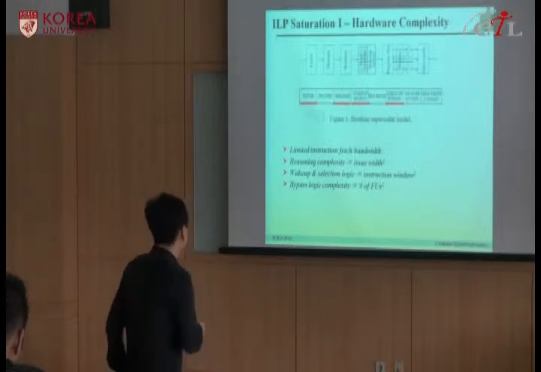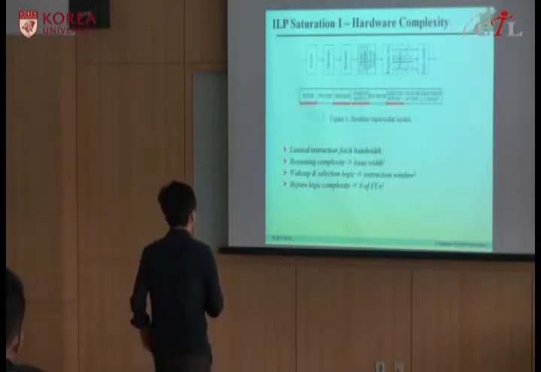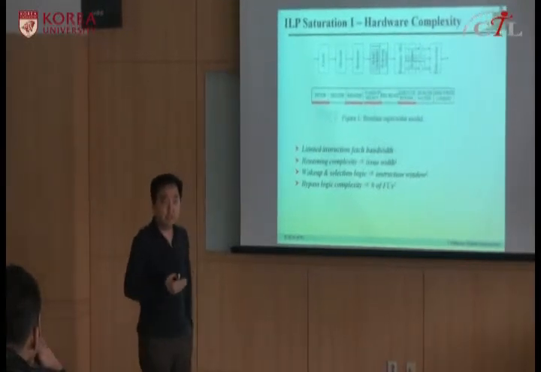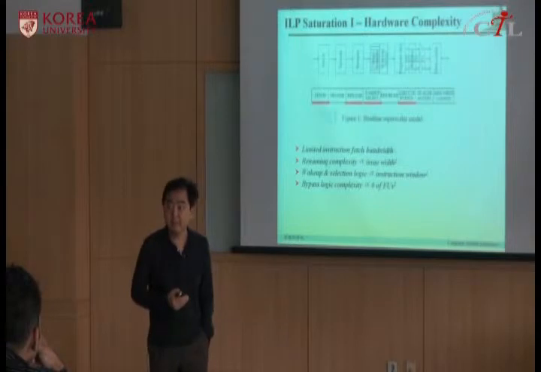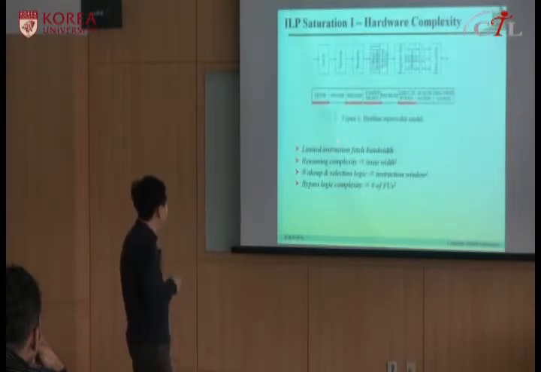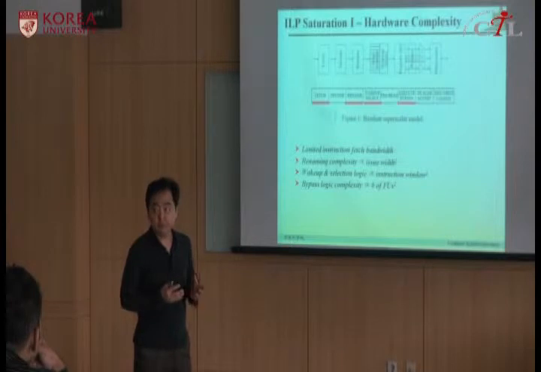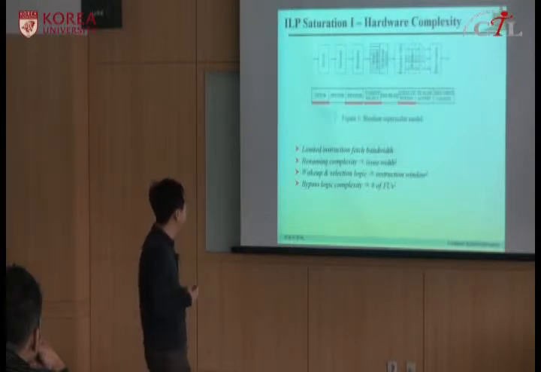But providing this high bandwidth instruction fetch was not easy, and one technique we studied was the trace cache. Renaming and decoding are also complex, but for the renaming stage, the complexity is quadratic in terms of issue width.